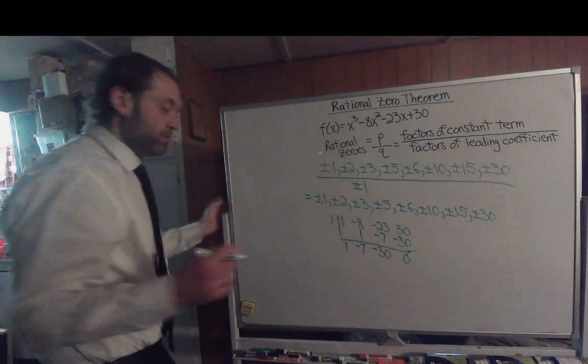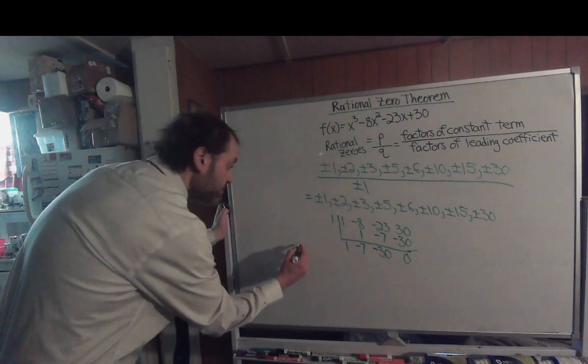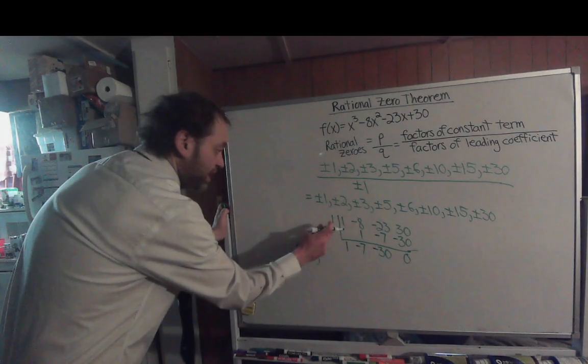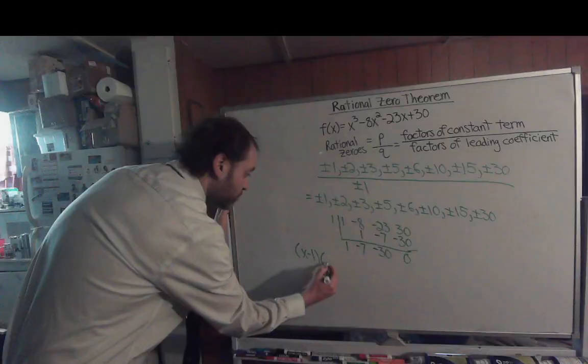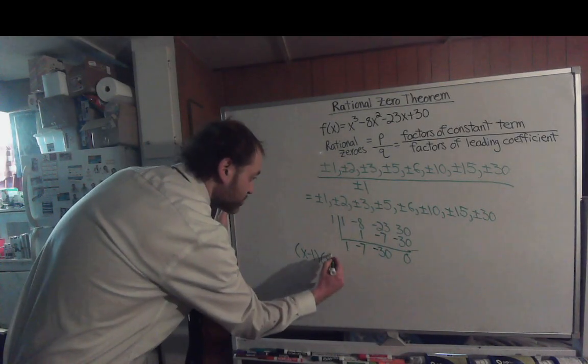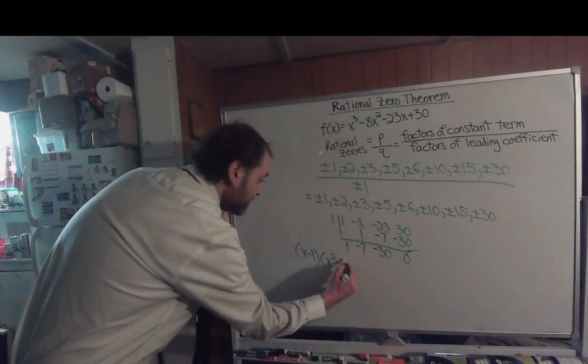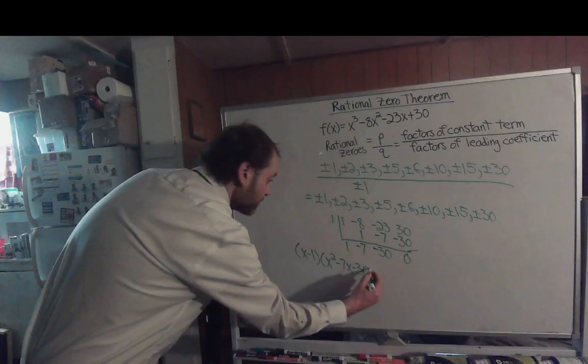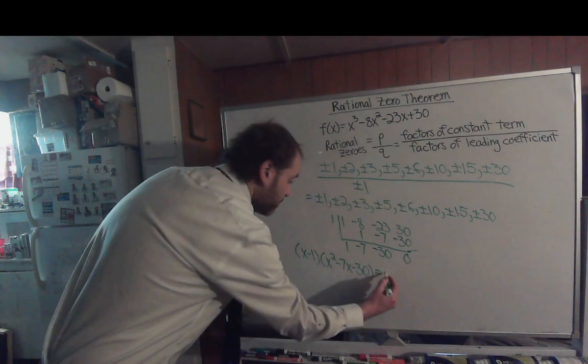So what do we do from there? We can say then that x minus 1, because positive 1 is a factor, you have x minus 1 times the quantity of x squared minus 7x minus 30 is equal to 0.